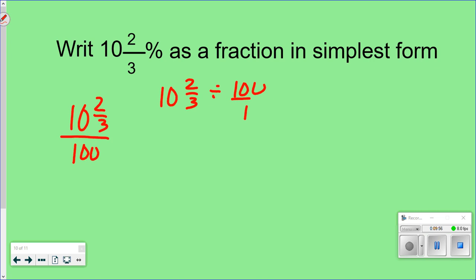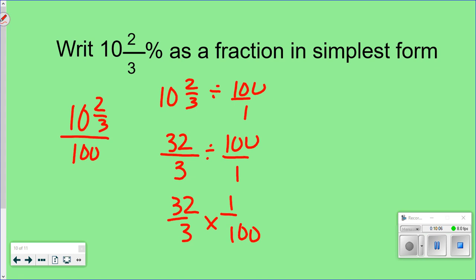So 32, not a great number, over 3 divided by 100 over 1, and I'm going to flip it around, 32 over 3 times 1 over 100. Let's see, 2 can go into this. Not great, though, I'll tell you that. 50. 2 here would be 16. Is that right? 32 divided by 2 is 16.